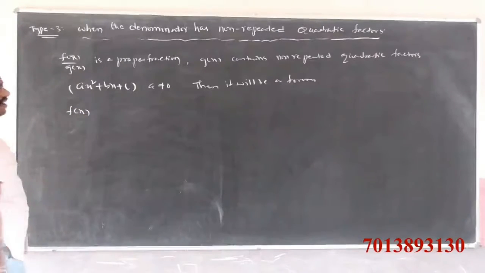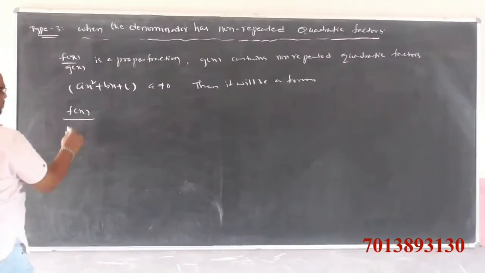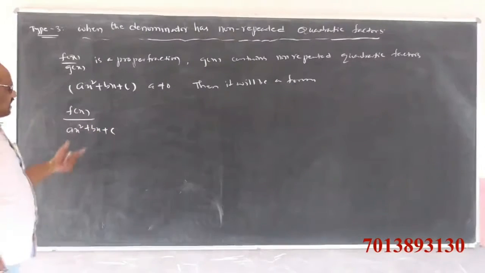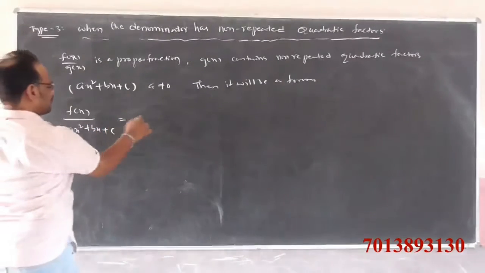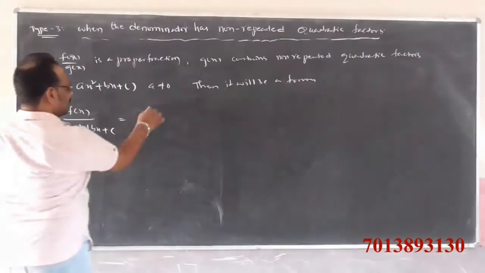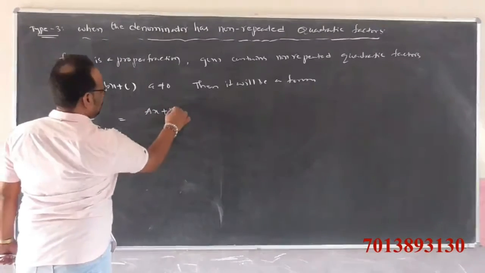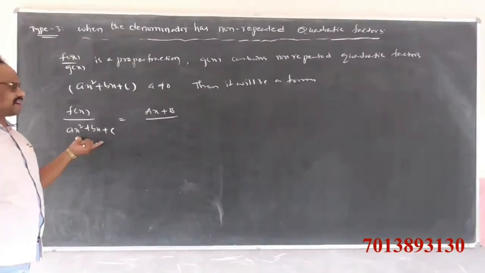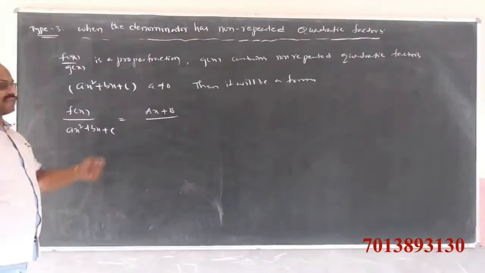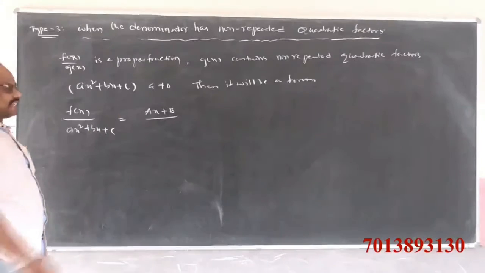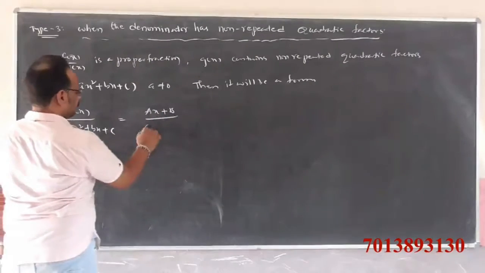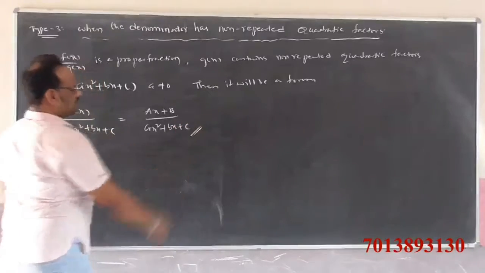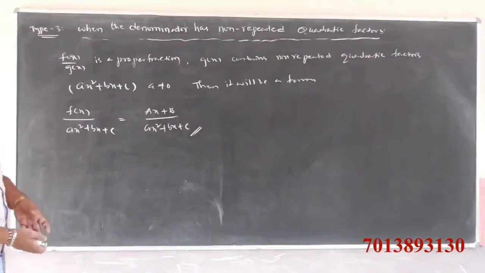So f of x by ax square plus bx plus c can be written with the numerator compulsorily in the form of ax plus b, over ax square plus bx plus c.